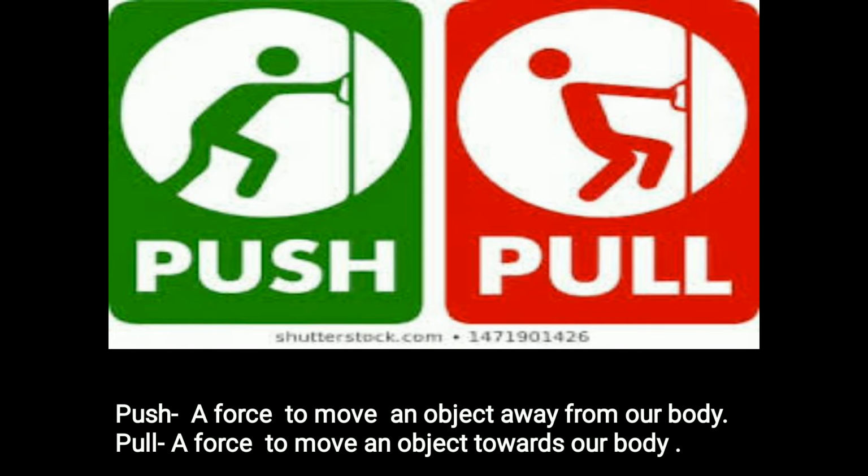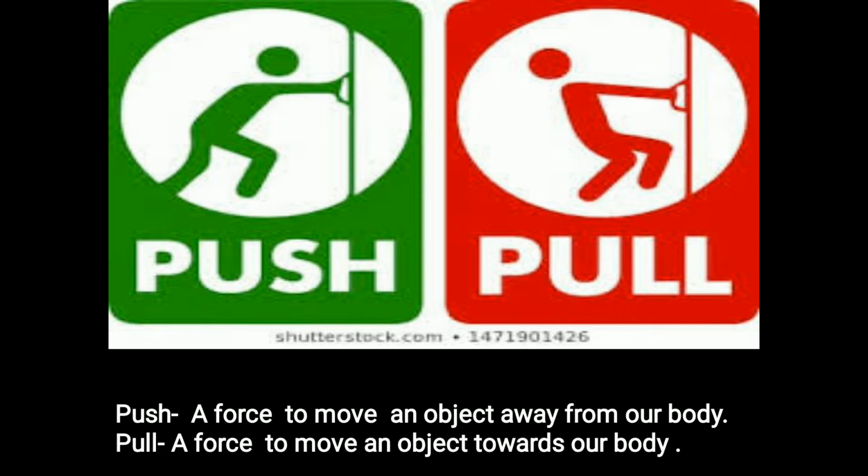For the opening of a door, we usually have to push the door handle, and for its closing, we have to pull the door handle. So, in order to move an object, it has either to be pushed or pulled. A push or pull acting on a body is called force, and the direction in which a body is pushed or pulled is called direction of force.